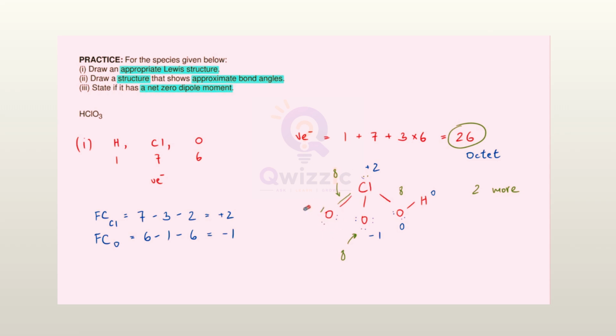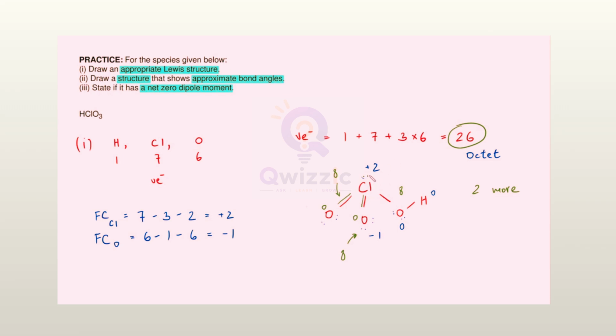So we're going to get rid of -1 and make it 0. And similarly, we want to minimize the formal charge of the other oxygen, performing the same step. We will introduce a double bond out of its lone pair. And that's how we will end up with a formal charge of 0 for that oxygen.